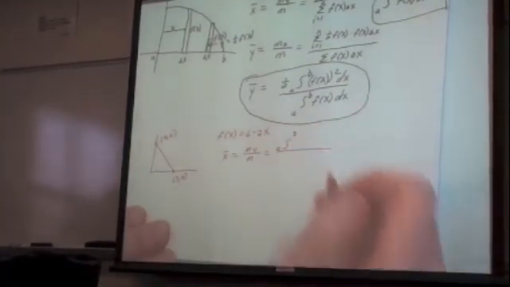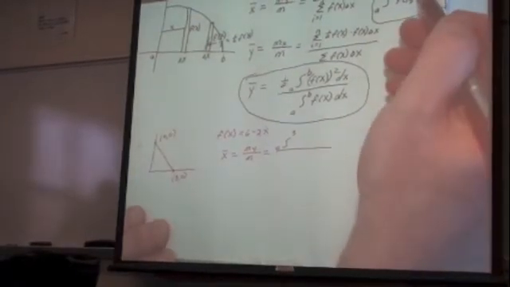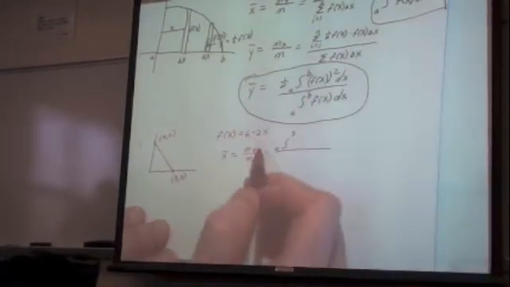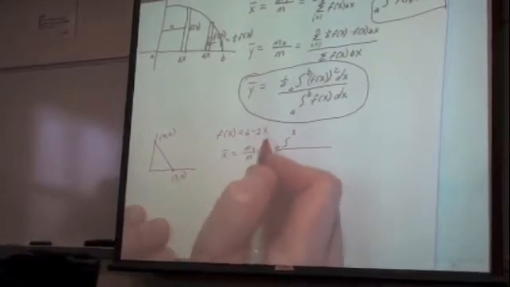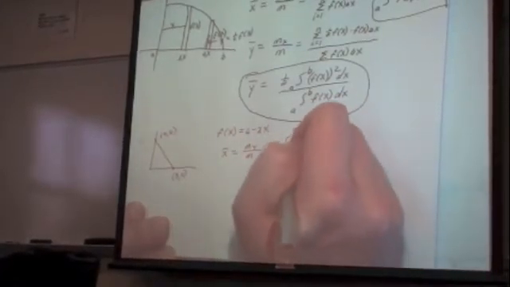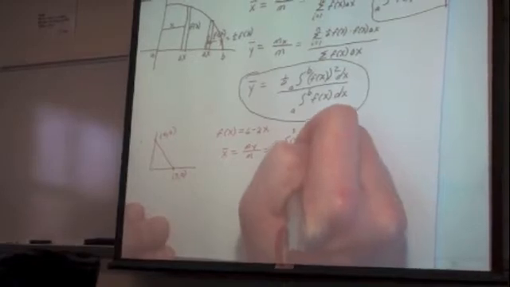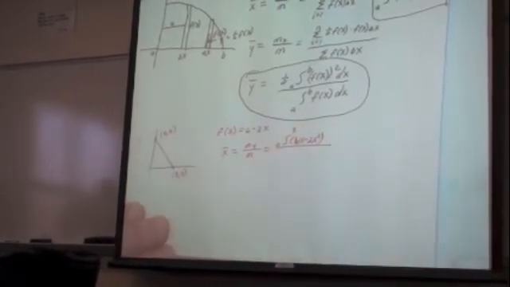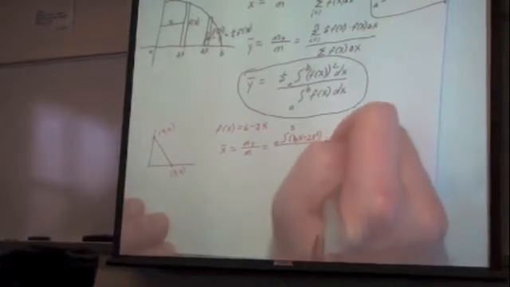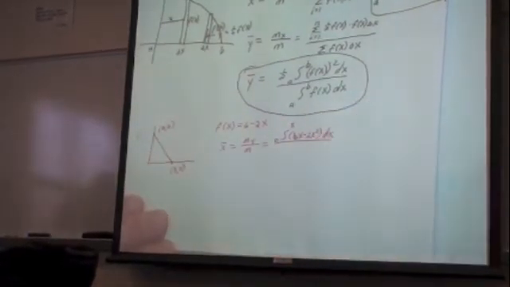Well, x times f of x, I should have already done that before I set this up, but we know when we multiply x by f of x, we're going to get 6x minus 2x squared inside there. And then we're going to integrate this with respect to x.